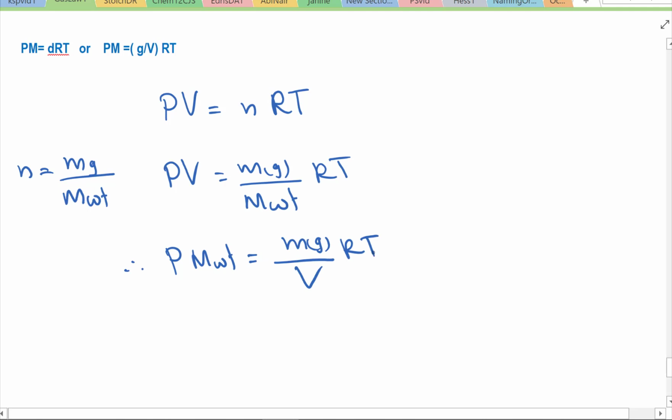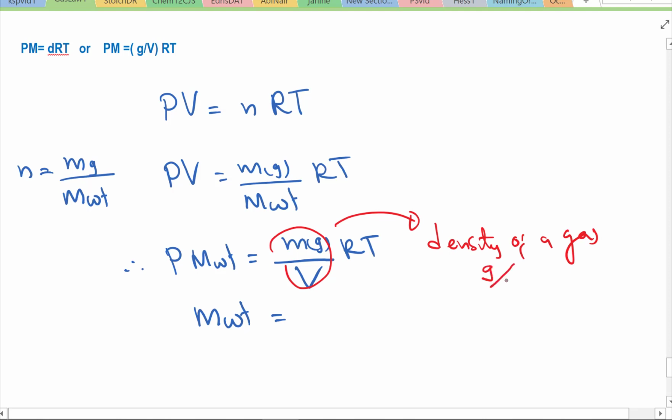It's actually density, right? Density of a gas, because it's given in grams per liter. Therefore, now we can plug that in here. So the molar mass is the density of the gas times RT divided by P, right? So therefore, we can easily find the molar mass of a gas.